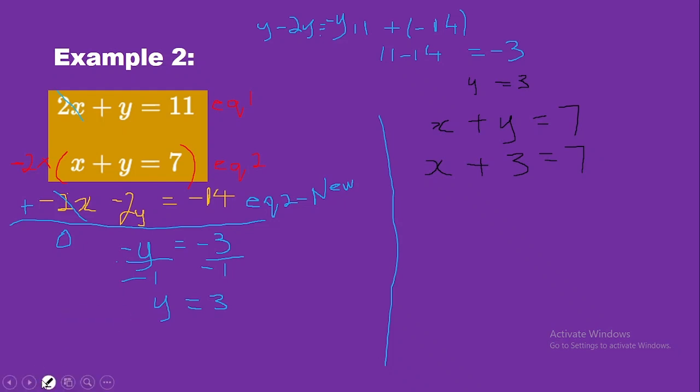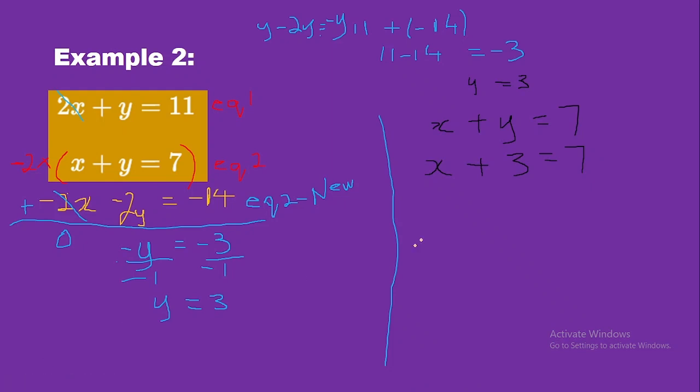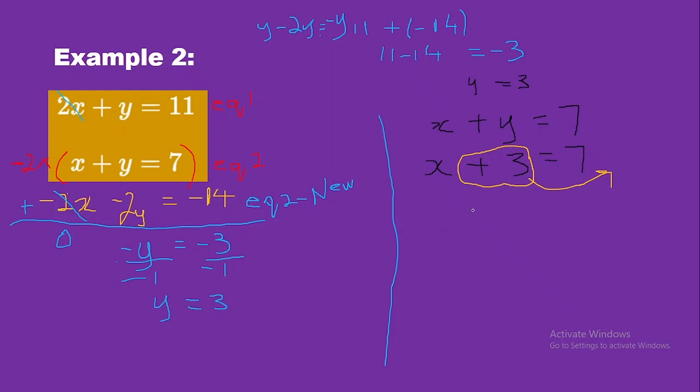So if we move our 3 to the opposite side of the equal sign, then our number will remain the same, but the sign will change to the opposite. So let's highlight our positive 3 and move it to the next side of the equal sign. So our positive 3 is going to be a negative 3.